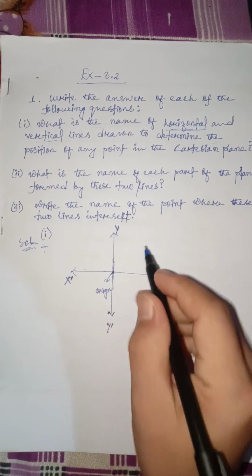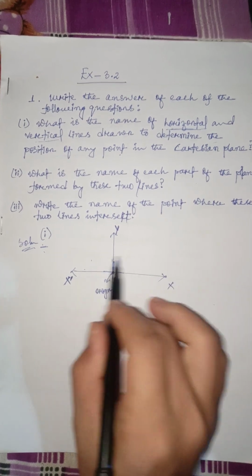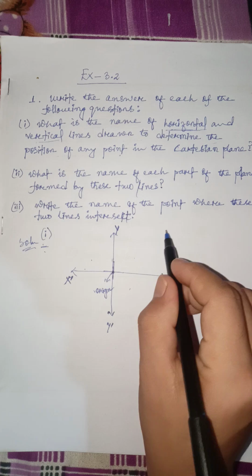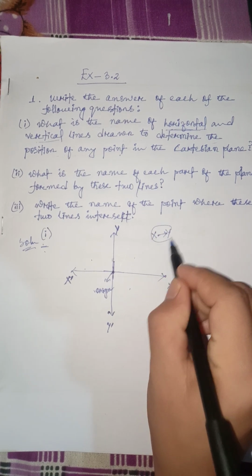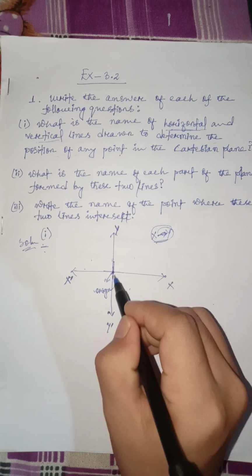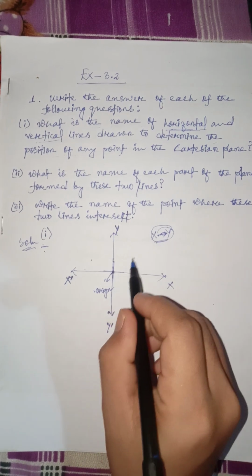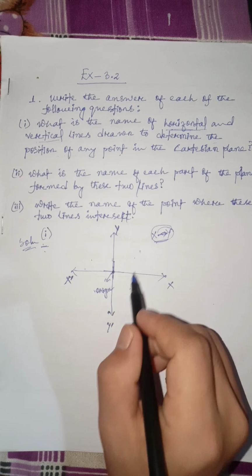In order to determine the position of a point, we need two axes, one is x and one is y. By using these two, we determine the position where an object is located.